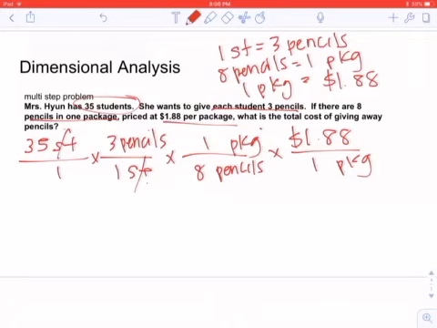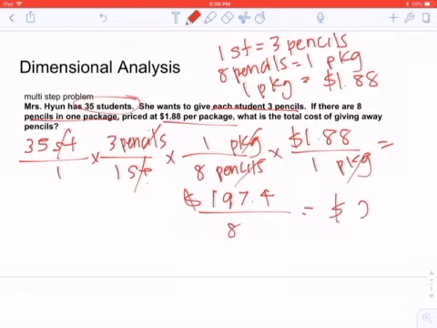Students and students cancel out, pencils and pencils cancel out, packages and packages cancel out. So now I can just go to my calculator and say 35 times 3 times 1.88 will give me $197.4 divided by 8 will give me $24.68. So that's my final answer.